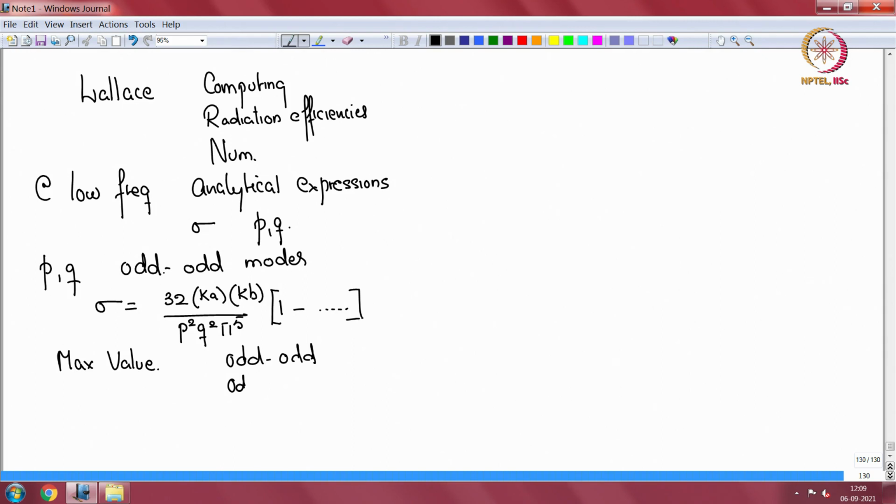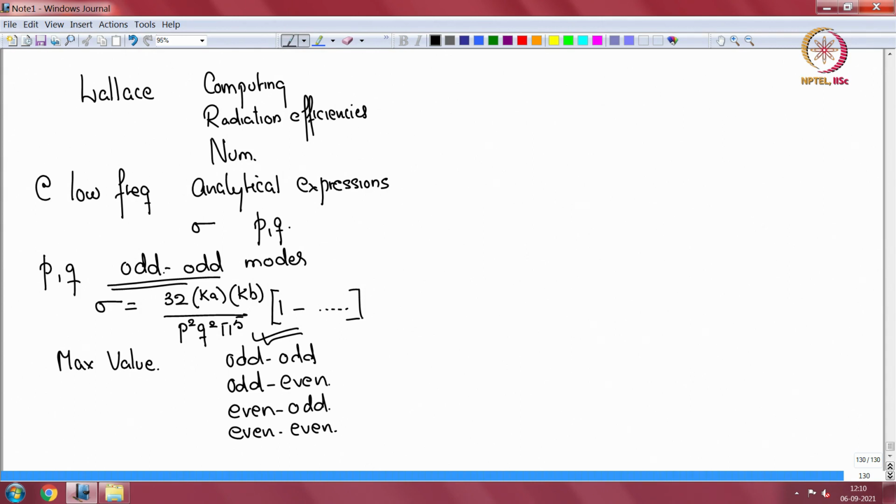The odd-even modes, P is odd, Q is even, or even-odd modes, P is even, Q is odd, and finally even modes. Amongst all these modes, this odd mode gives the radiation efficiency which is maximum.